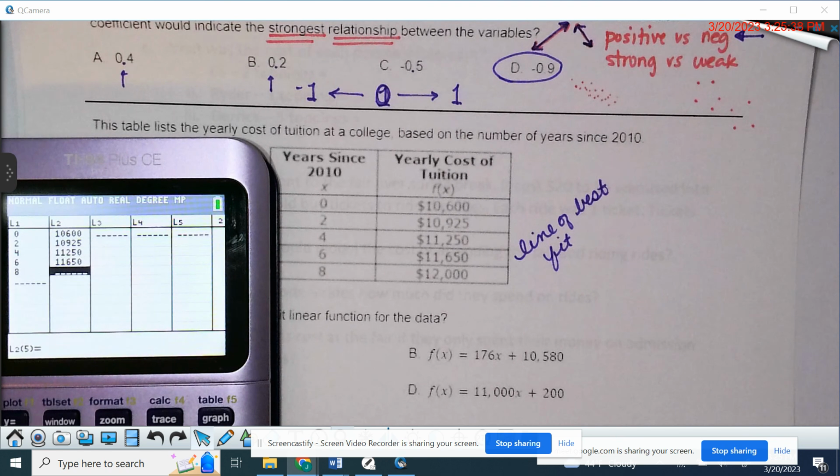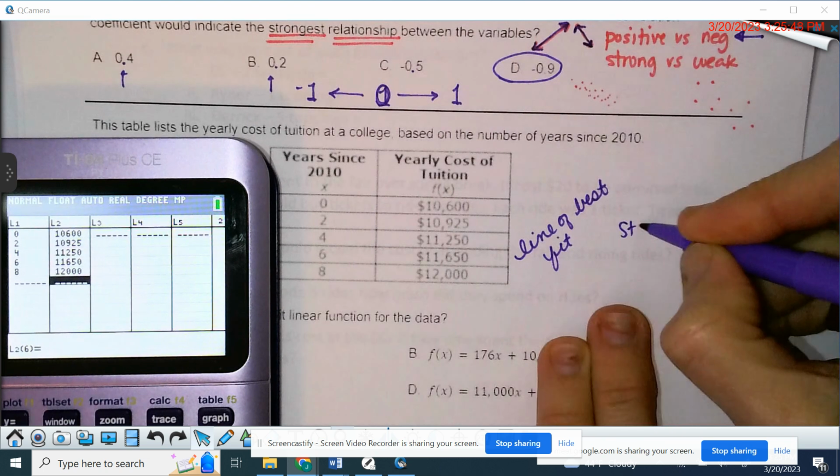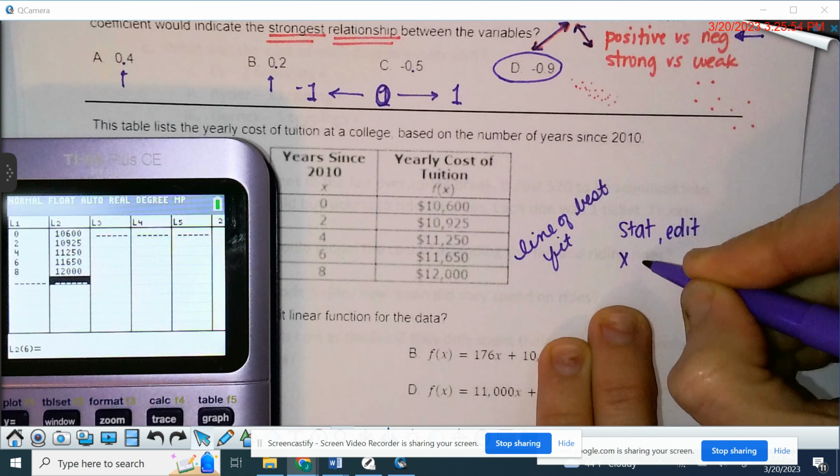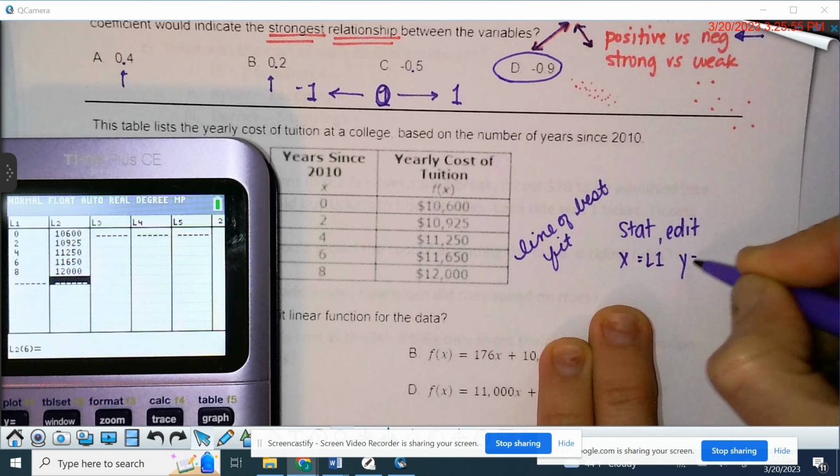The more you can practice this, the better, because you'll know that you can do it in your calculator, but you won't remember which buttons to push. So the first button is stat, and then we're going to hit enter, which is going to be edit. So X in L1, Y in L2.